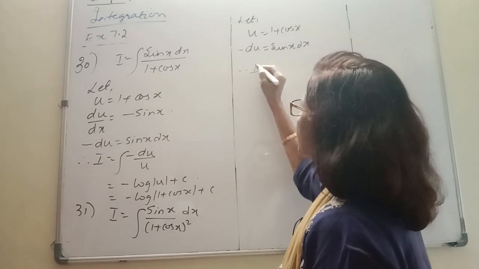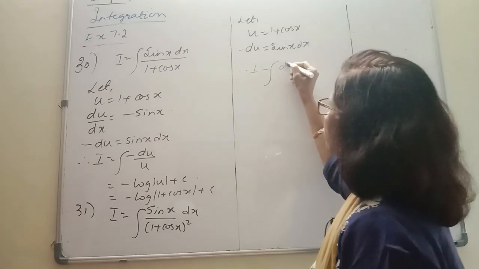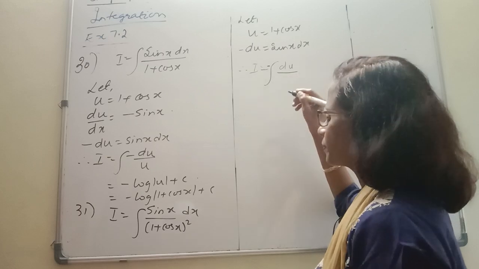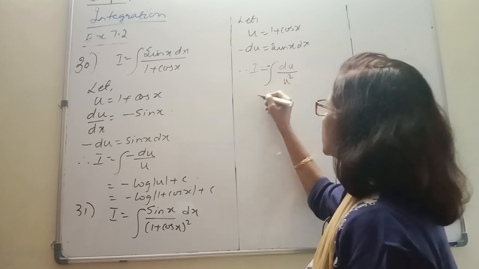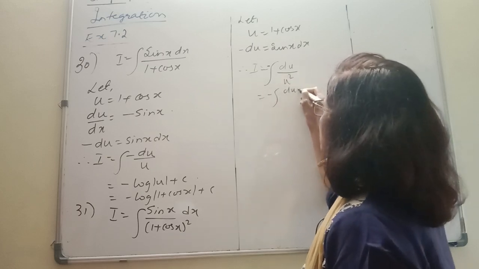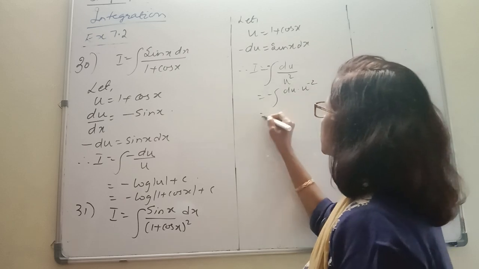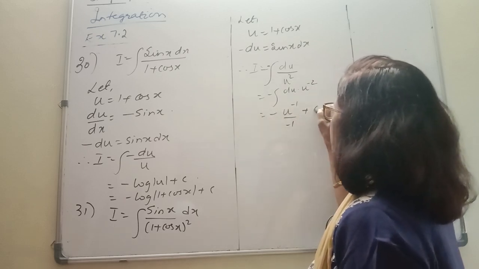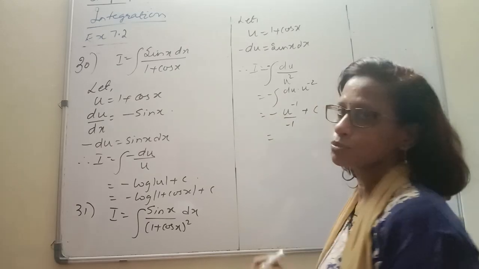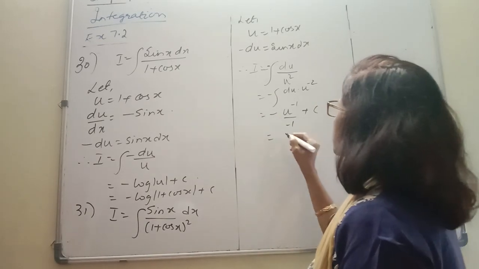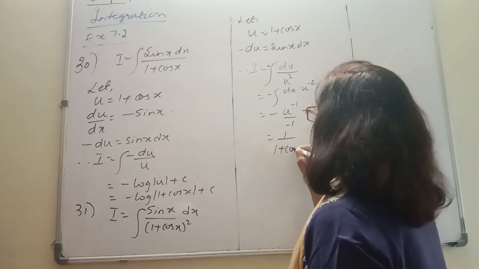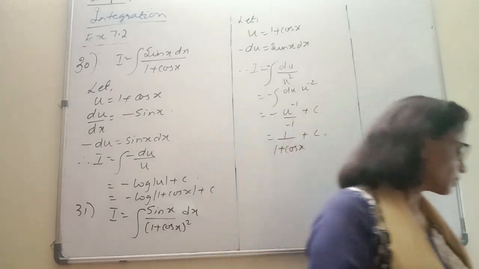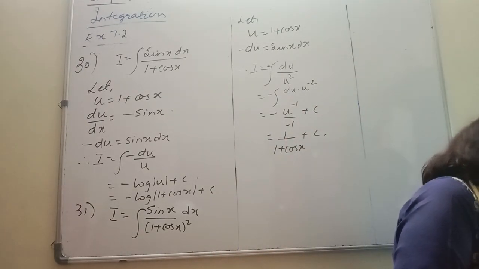So you've got the I now becoming integral of negative du, minus is the outside, over u squared, or rather minus du times u raised to minus 2. When you take the integral, minus 2 plus 1 is minus 1 plus c. So it's just u raised to minus 1, which means it is 1 over 1 plus cos x plus c. It's only that much. Yeah, 1 over 1 plus cos x plus c.